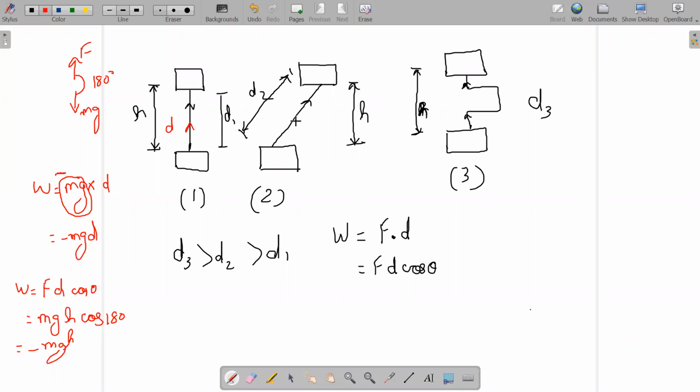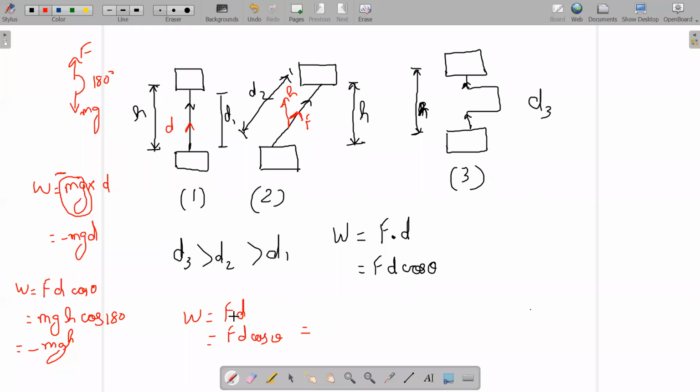Whereas in this case, the force is acting in this direction and the displacement takes place in this direction. This is the h direction and this is the F direction. So what force do we need to lift this? If we give a force F here, let us say W equals F into d cos theta.